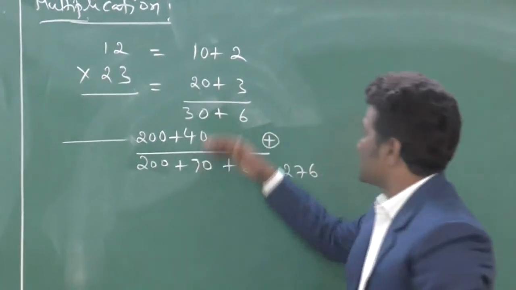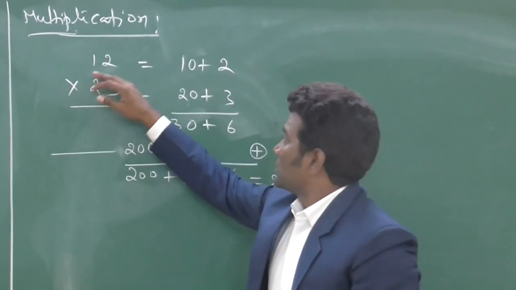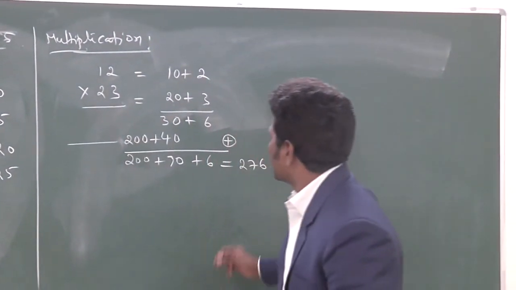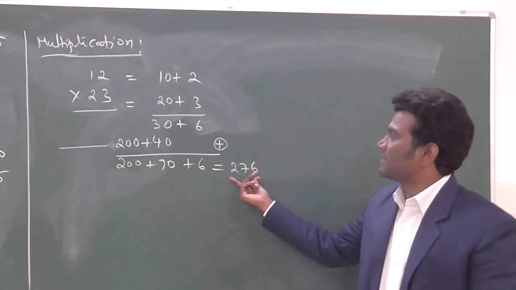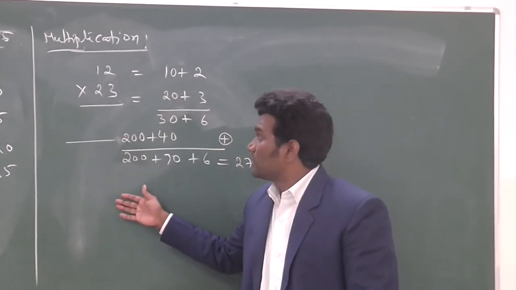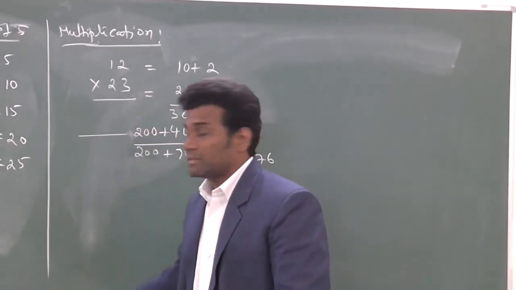For now, this is the easier way. Therefore 12 times 23 is equal to 276. In this manner we can solve multiplications of a 2-digit number with a 2-digit number.